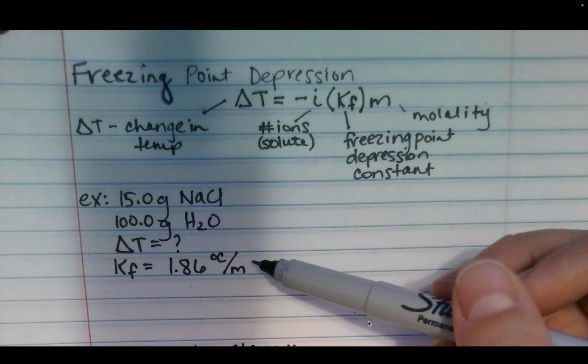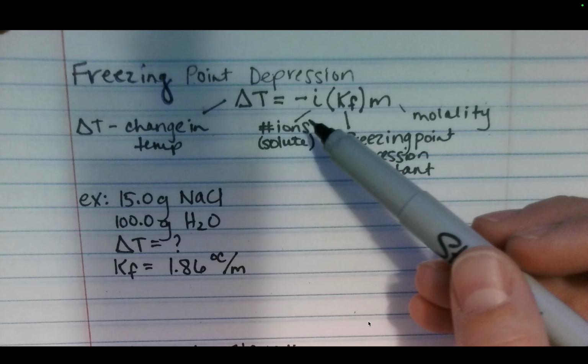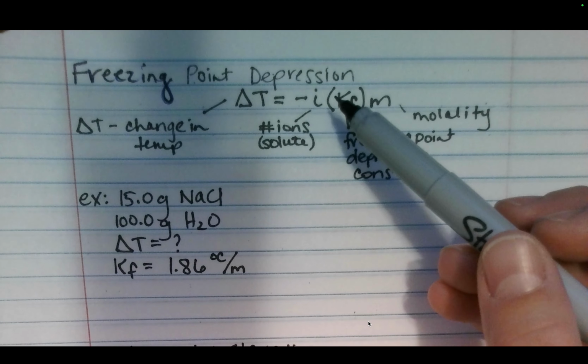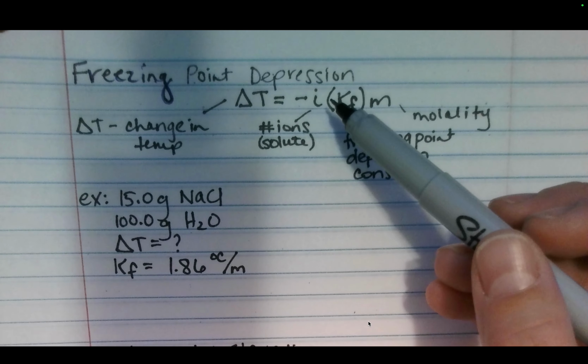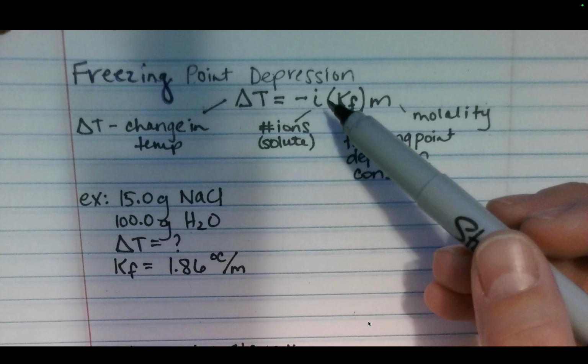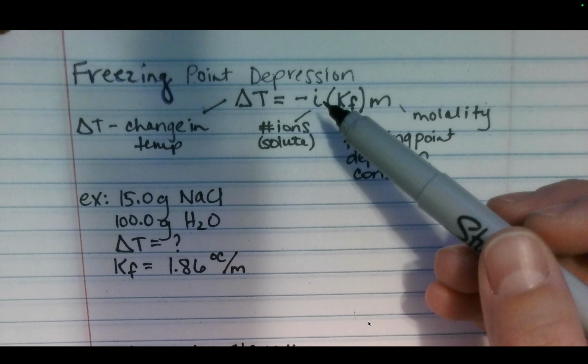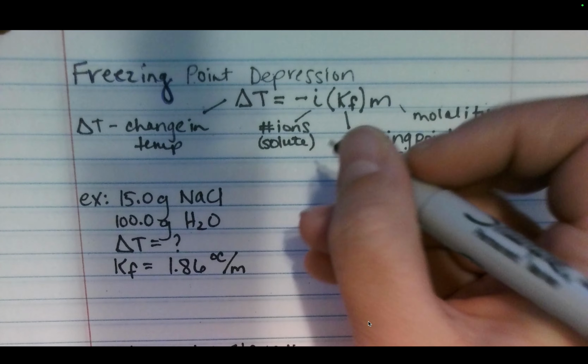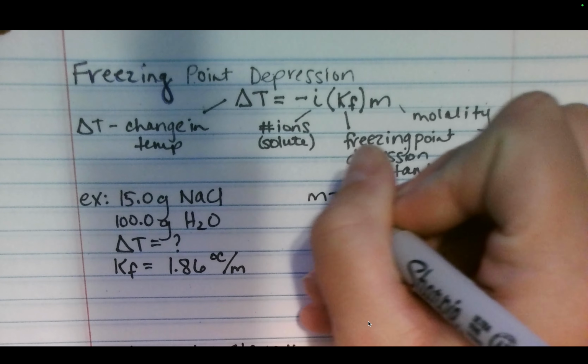I have a K_f. I need to calculate my molality, and I need to determine my number of ions. So let's start with molality. So molality equals moles of solute over kilograms of solvent. So I need to calculate that m.